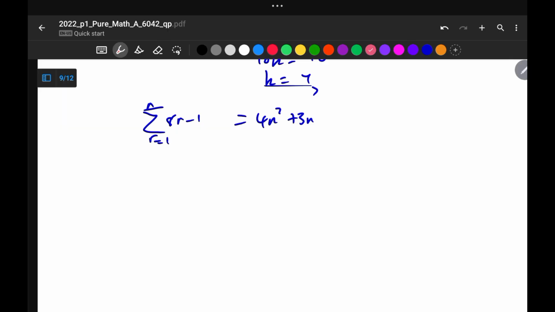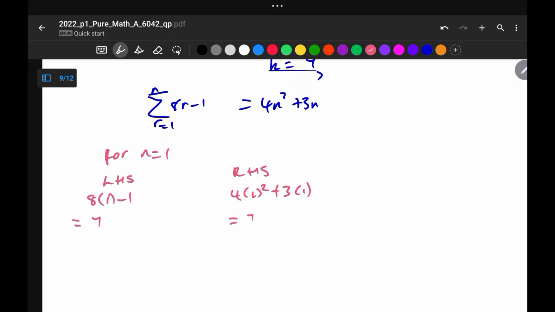So the first step is to say for n is equal to 1, and we can test this on the left hand side of the equation. So on the left hand side, for n is equal to 1, it is now 8 multiplied by 1 minus 1, which gives us 7. And for n is equal to 1, on the right hand side, it will be 4 multiplied by 1 squared plus 3 multiplied by 1, and this gives us 4 plus 3, which is equal to 7.